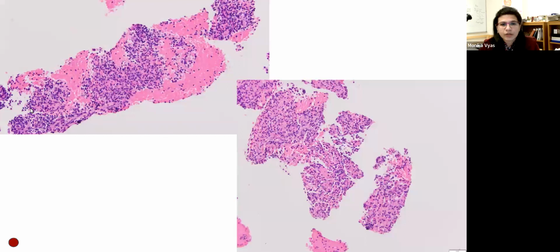And biopsy, you can see this proliferation of very busy looking tissue with lymphoid type infiltrate, so very inflammatory looking tissue, and lots of blood and fibrin in the background. Sometimes if you get lucky, you may be able to appreciate some vascular channels, like in the bottom right image, lined by very bland cells.